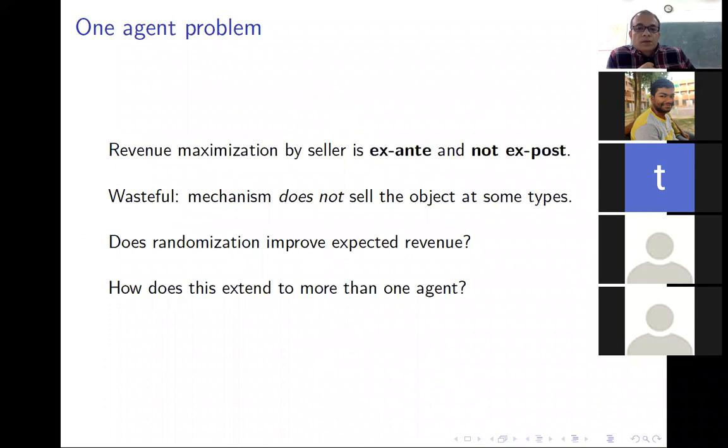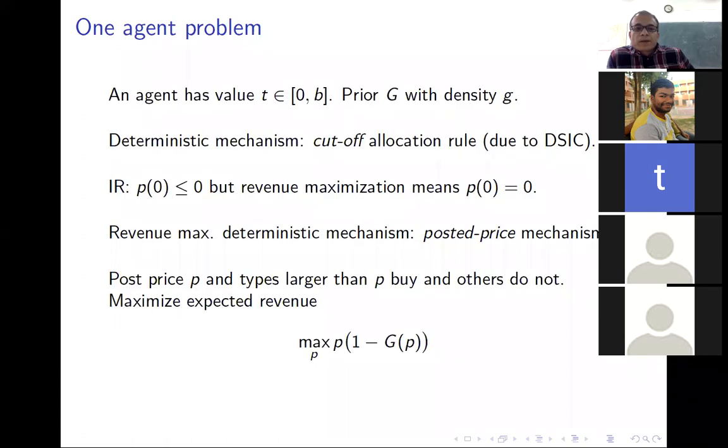Will this hold for multiple agents also? Yes, it will hold for multiple agents also. We'll get to the multiple agent model. In the multiple agent model, the type spaces of the agents may be different, but in general, the principle is the price should not be too high or too low.